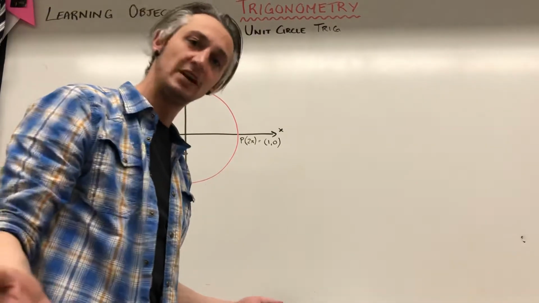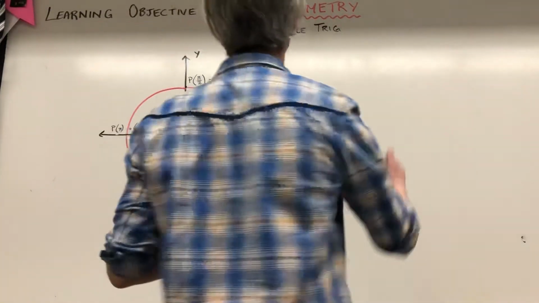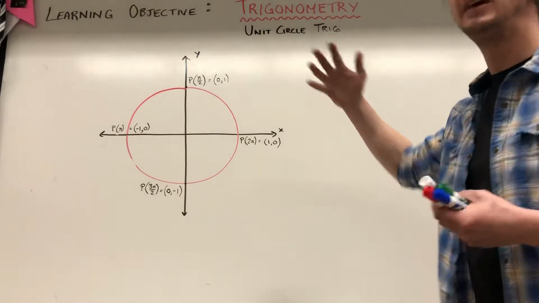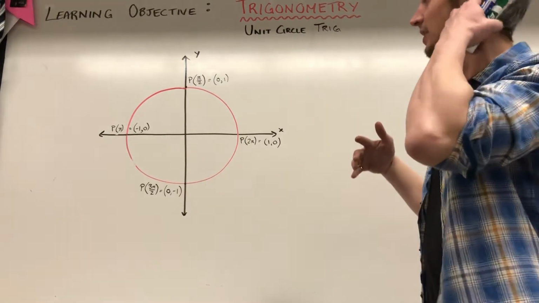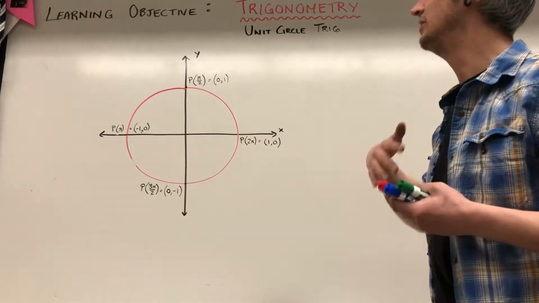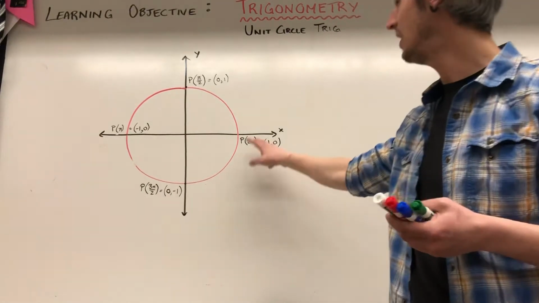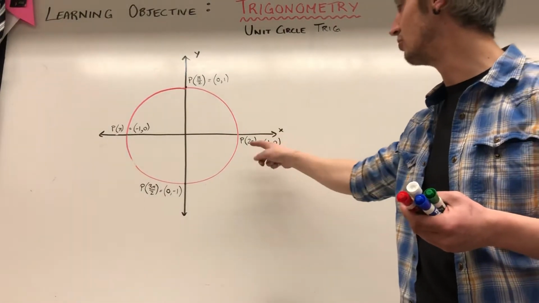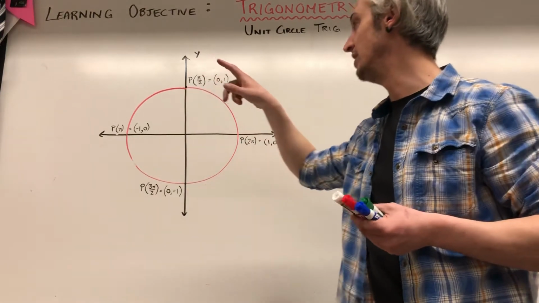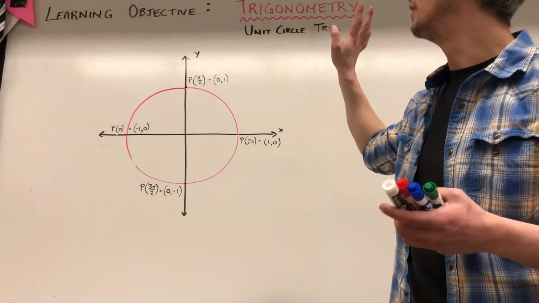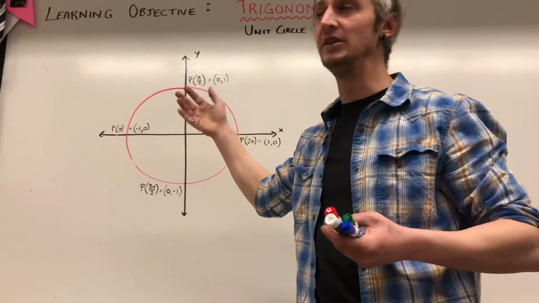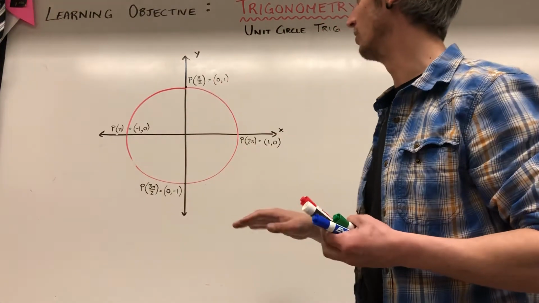Okay, Pre-Cal 12. We're extending our knowledge of trigonometry. In the last video, we learned about radians and how we can work with either degrees or radians. We'll be working with radians mostly moving forward.